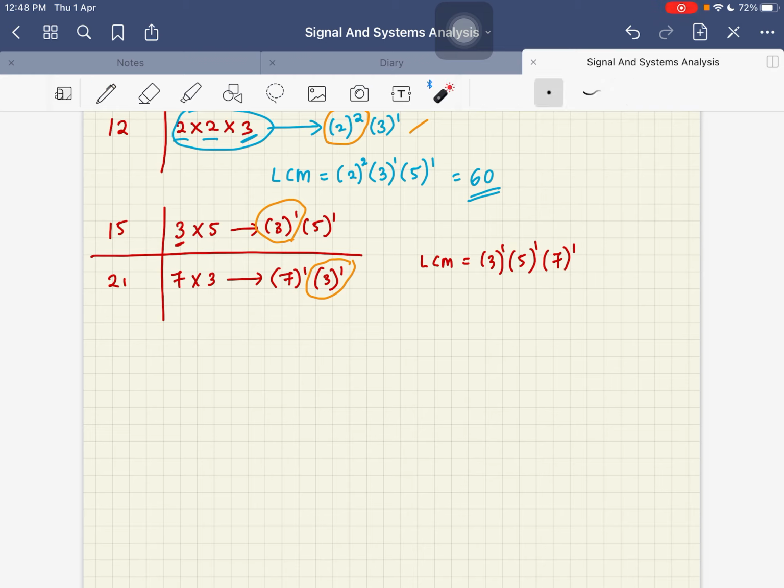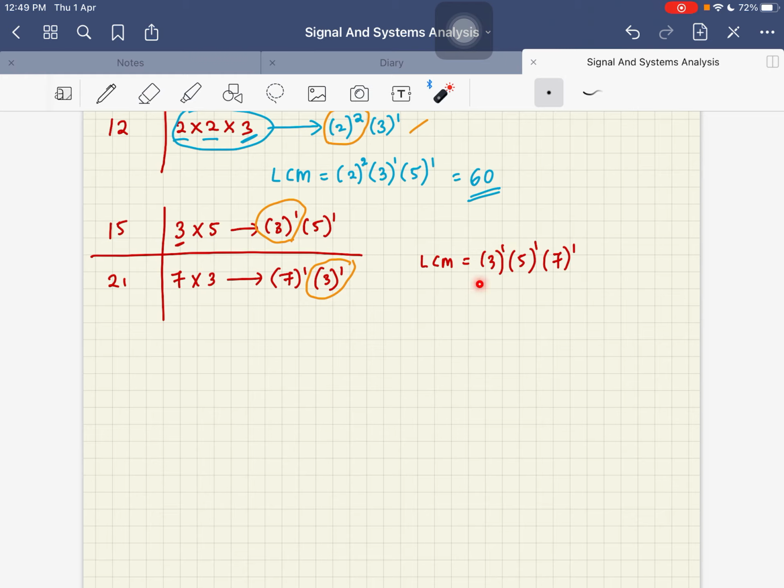This is also a common mistake made by my students. Because we have number 3 here to the power of 1, and here also number 3 to the power of 1. So instead of writing 3 to the power of 1, sometimes some of my students will write 3 to the power of 2, which is wrong. You don't add their frequency.